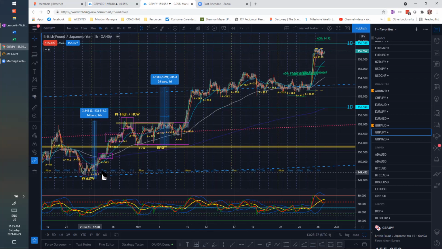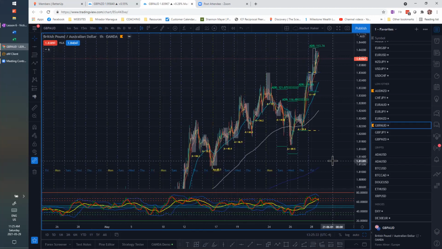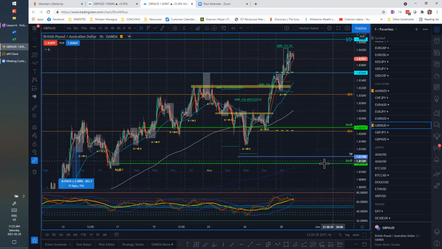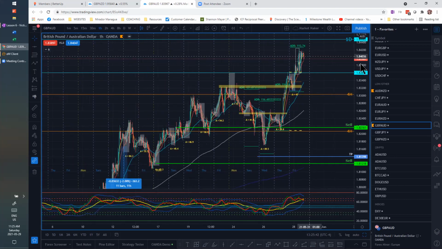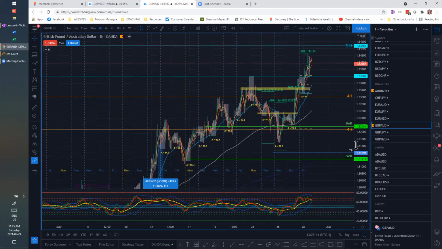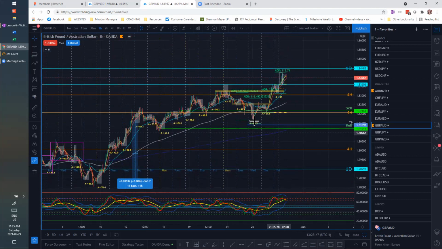Because if this had been a bot, so here's GA. I'm in a bit of trouble on this one because GA on my bot took an entry here and it took an entry here. Well, guess what? It's in a long-term upswing. It's not showing any signs of coming back anytime.